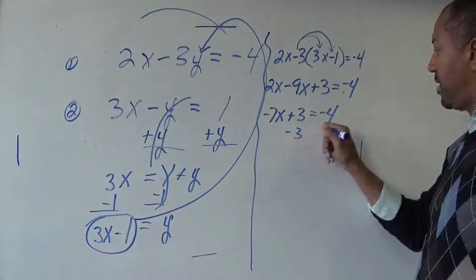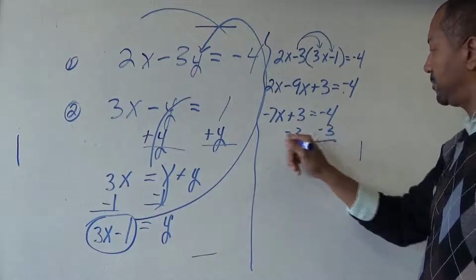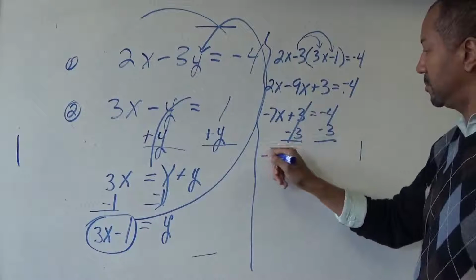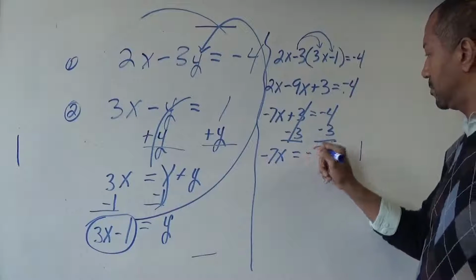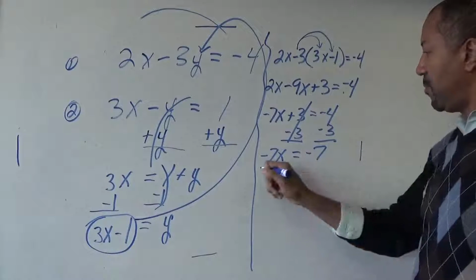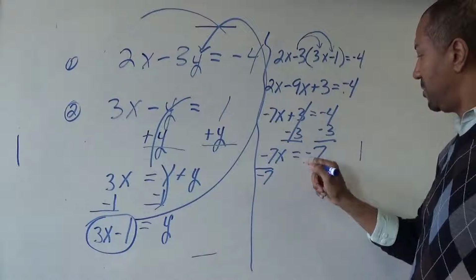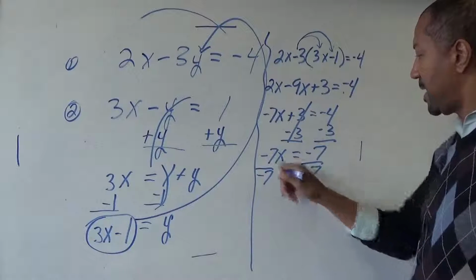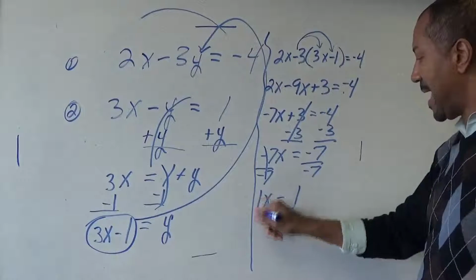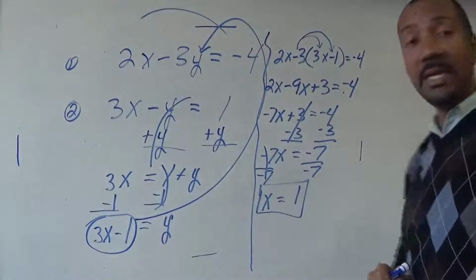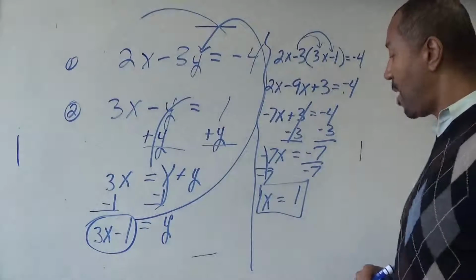Let's subtract 3 from both sides. And we'll divide by -7 on both sides. And we've just learned that x is equal to +1.